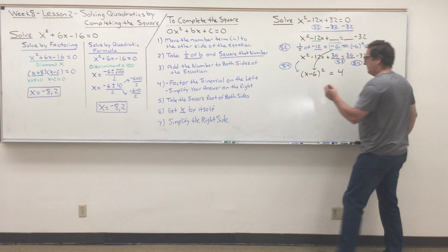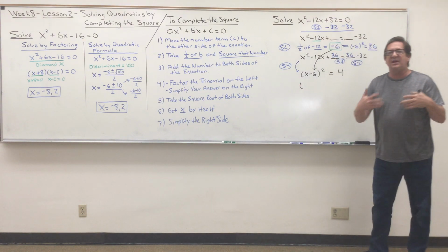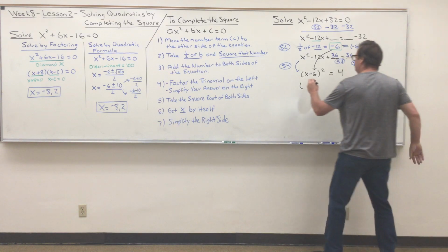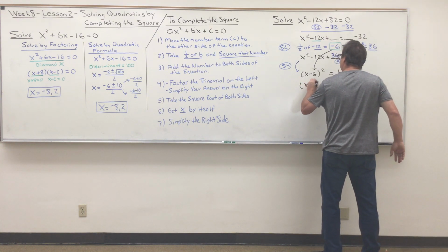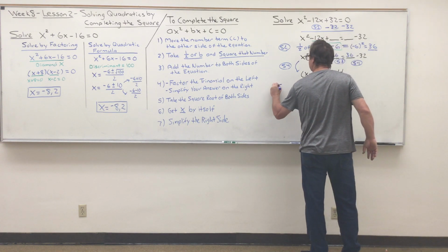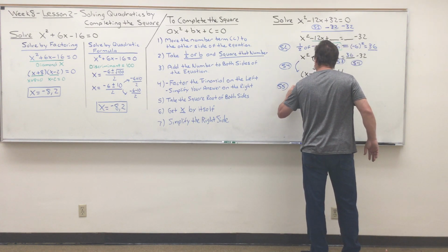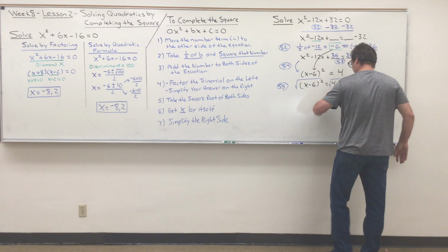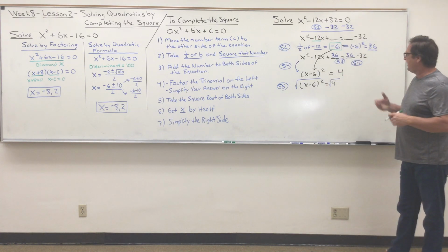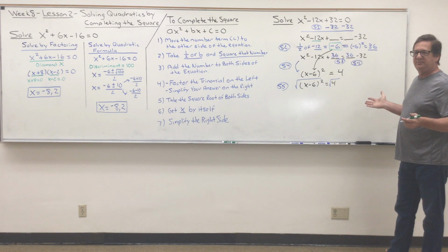Okay? Now, for your notes, you don't have to do this on your paper, but for your notes, I'm going to go ahead and just rewrite this again. So, step 5 is to take the square root of both sides.